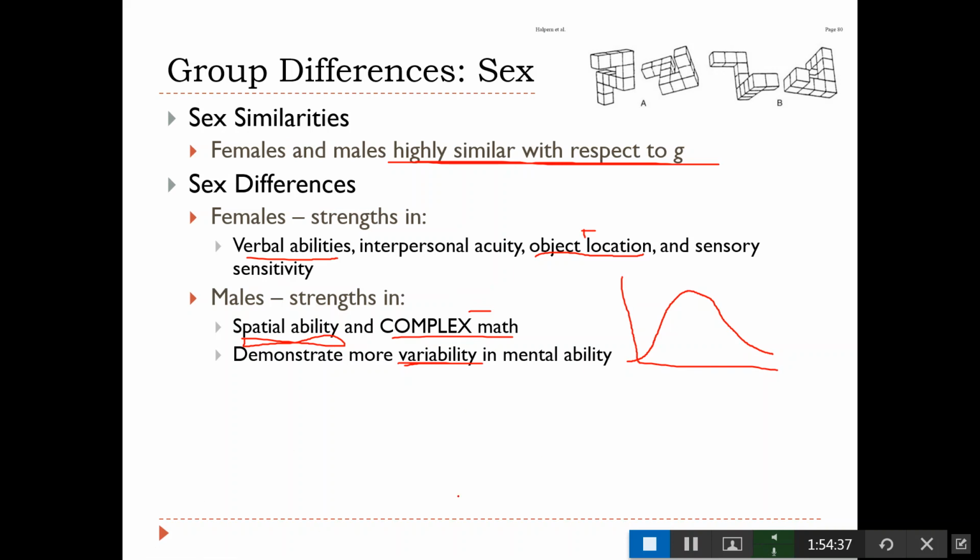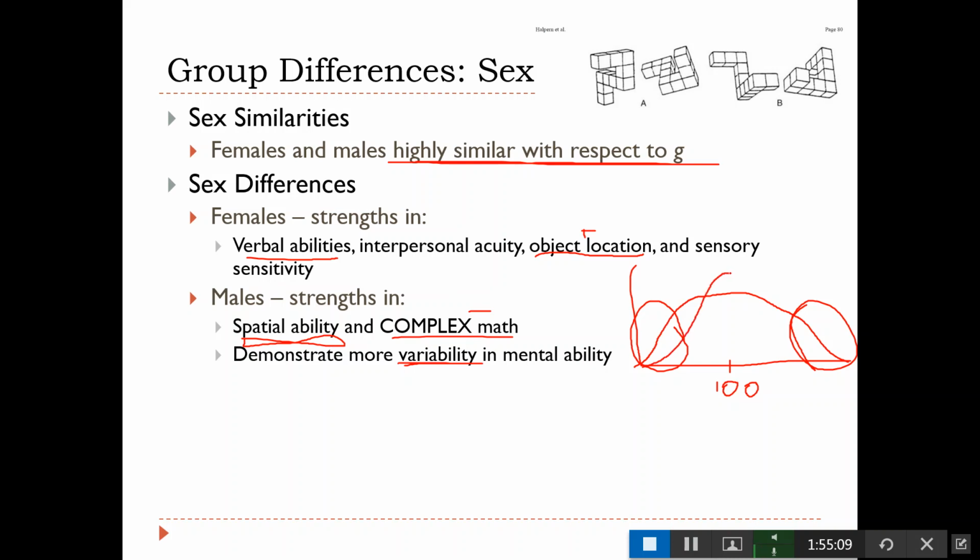But with men, let me just change this real quick, you tend to see these kinds of squatter ranges, okay? They have a higher proportion of people who score at the extremes of intelligence tests. So you get more geniuses, let's say, but then you also get a lot more not-so-smart guys, okay? Their scores tend to spread out more compared to women, who might look more like normal curves.